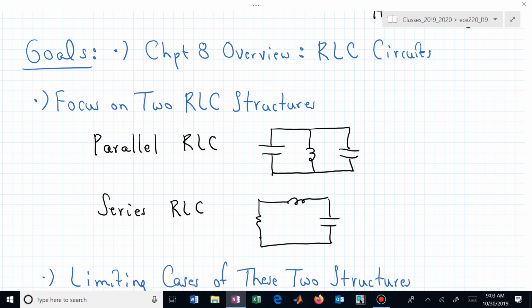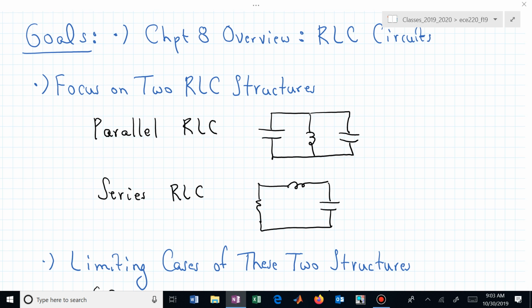You now have reached steady state, and today we're going to experience some more transients. We're going to be in Chapter 8, which is RLC circuits, and in this class we will focus on 2 particular structures of RLC circuits. Now we're putting all 3 of these circuit elements that we've been playing with all semester together, either in a parallel combination or a series combination.